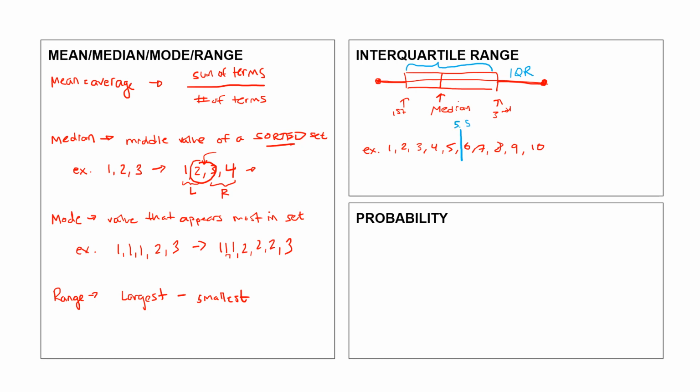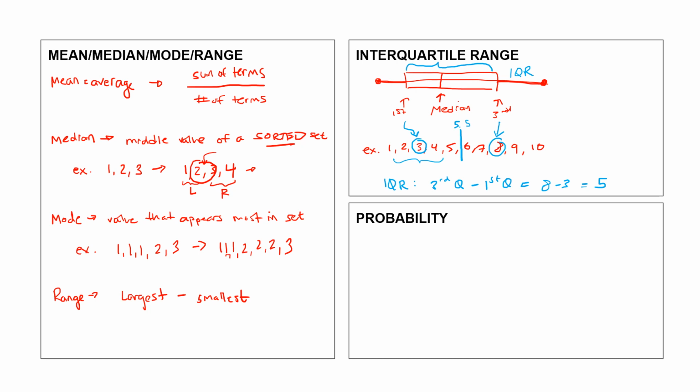Now, when we look at just the left set here, this is the median of that subset. Okay, this is our first quartile. Likewise, on our right subset, 8 is the median of that right subset. That's our third quartile. The interquartile range then is simply taking that third quartile and subtracting the first quartile, right? So in our case, we have 8 minus 3 equals 5. So that is our interquartile range.